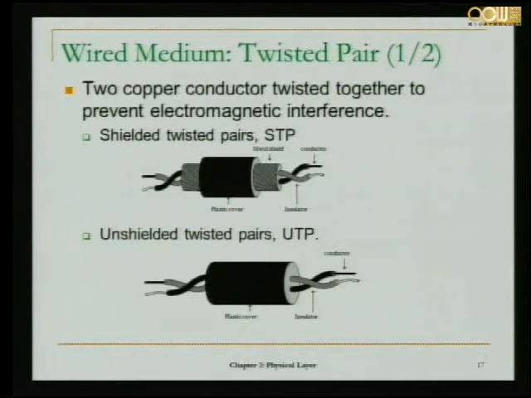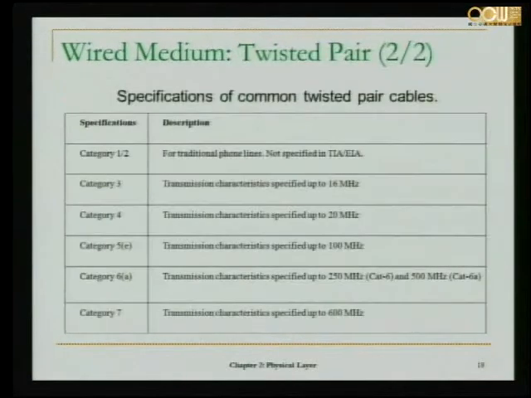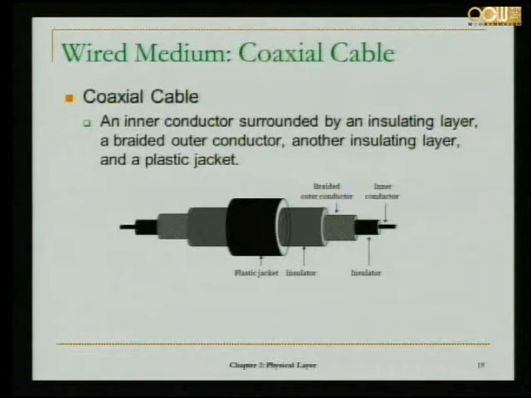The purpose is to further prevent interference. So it's like a guard shield that protects the twisted pair, and the quality will be better than the unshielded twisted pair.